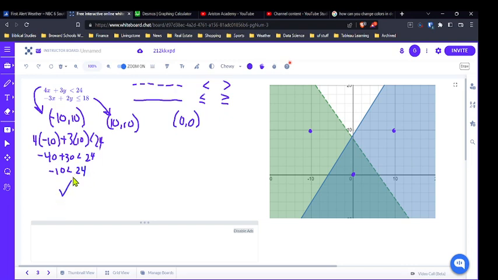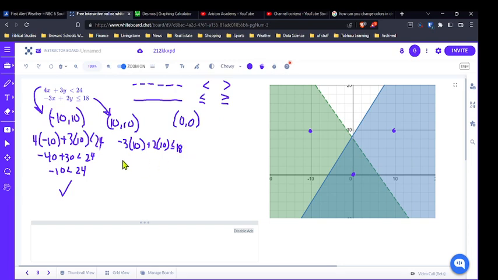That makes sense. All right, on to the blue one. Let's evaluate 10 comma 10 and confirm that that is a solution to the second inequality. So once again, I'm going to do the proper substitution. So minus 3 times 10, plus 2 times y, which is also 10, has to be less than or equal to 18.